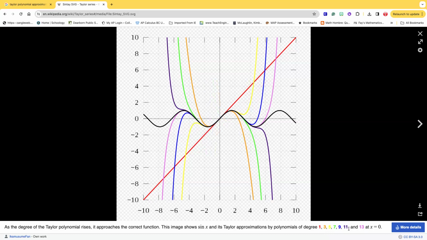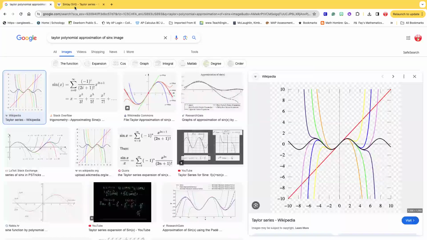So the bigger the degree, if we go all the way to the 13th degree, which is this light purple line, you notice that it basically is the graph from this point, right, all the way to this point. So the greater the polynomial, the better your approximation. And that is what Taylor approximations are.